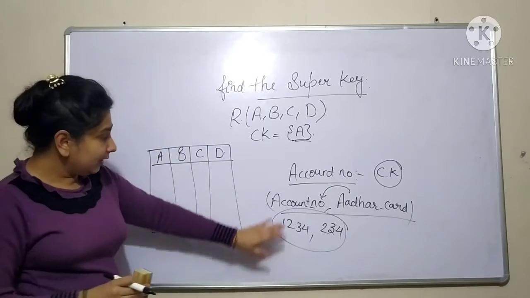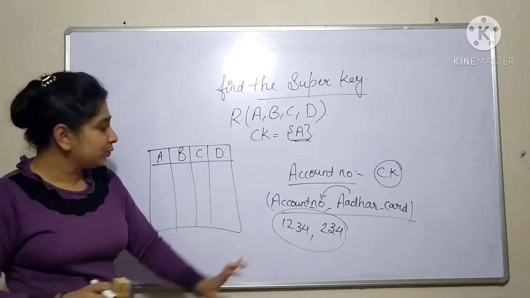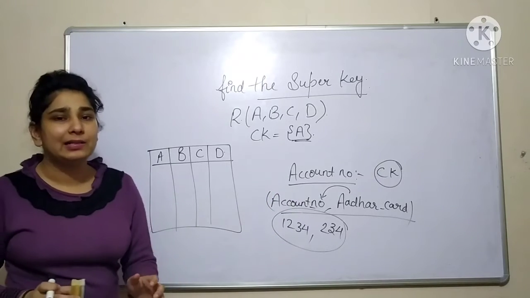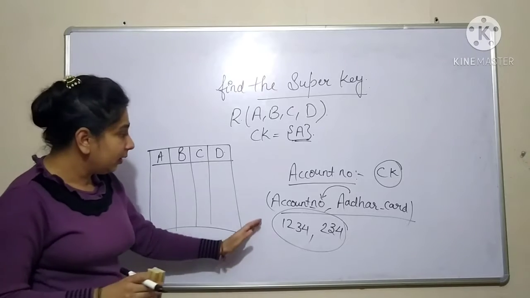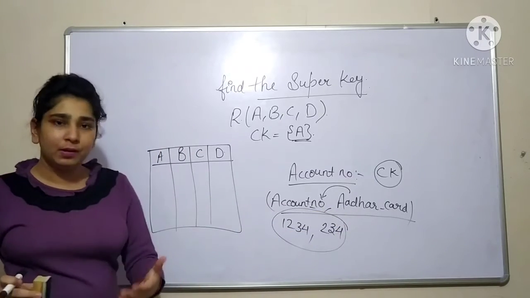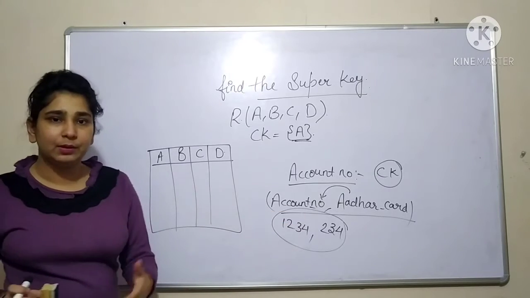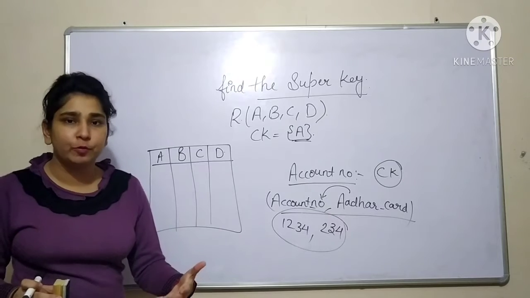The account number alone is sufficient for the bank to check the complete bank details of any person. But we are adding some additional information to the account number. We sometimes use an Aadhaar card as an identity proof.